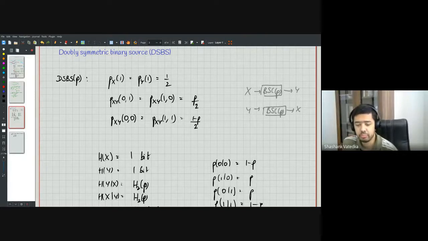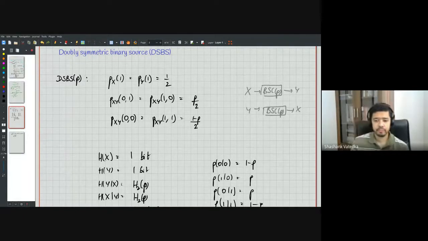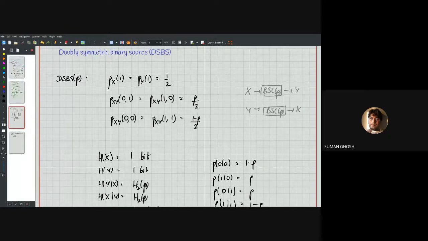Maybe you can just type it if there's some audio issue.